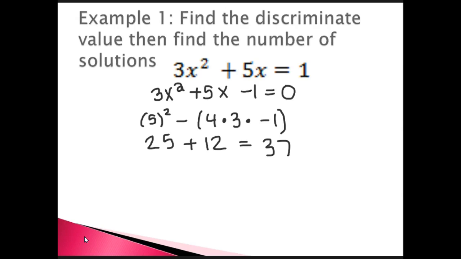So that tells me I have 2 real roots. 37 does not represent the roots. It just tells me the number and type. Tomorrow, we're going to use the 37.